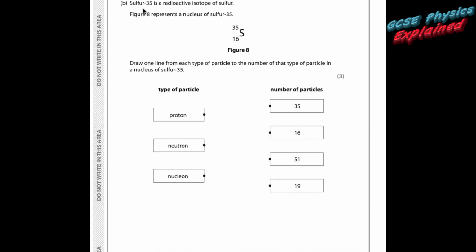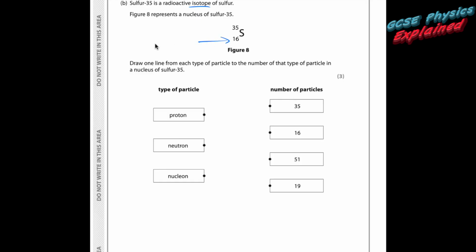Part B. Sulfur 35 is a radioactive isotope of sulfur. Figure 8 represents a nucleus of sulfur 35. Draw one line from each type of particle to the number of that type of particle in a nucleus of sulfur 35. So the type of particle, a proton, how many particles has it got?